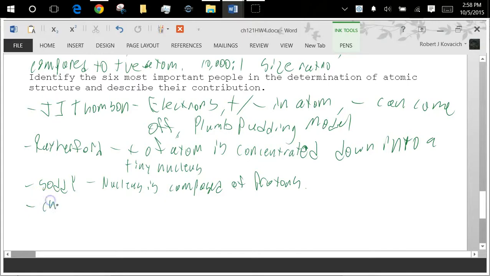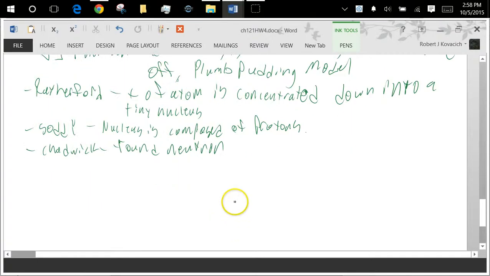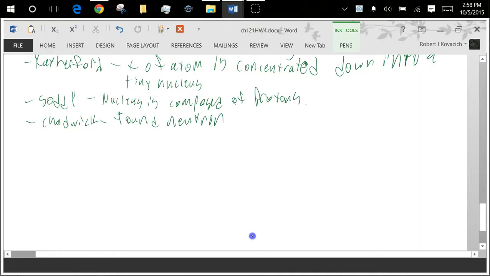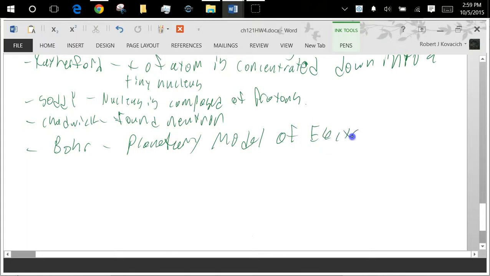What about Chadwick? He found the neutron. And what about Bohr? Okay, so planetary model of where the electrons are found.